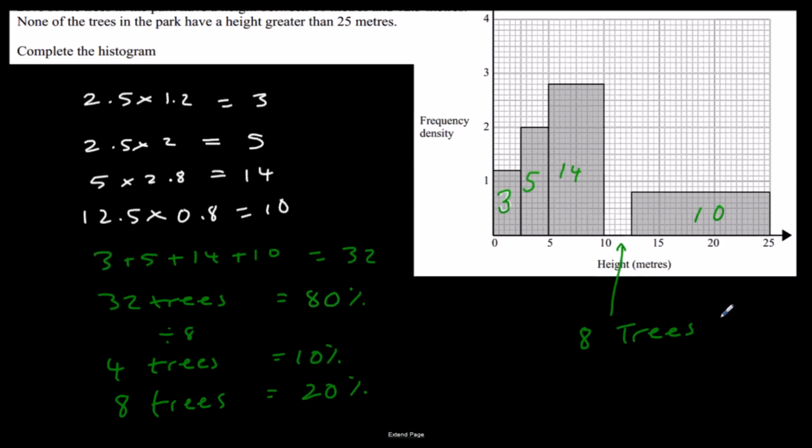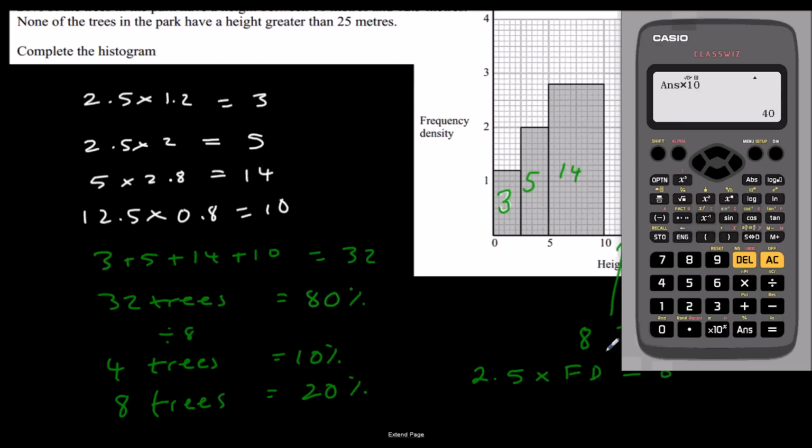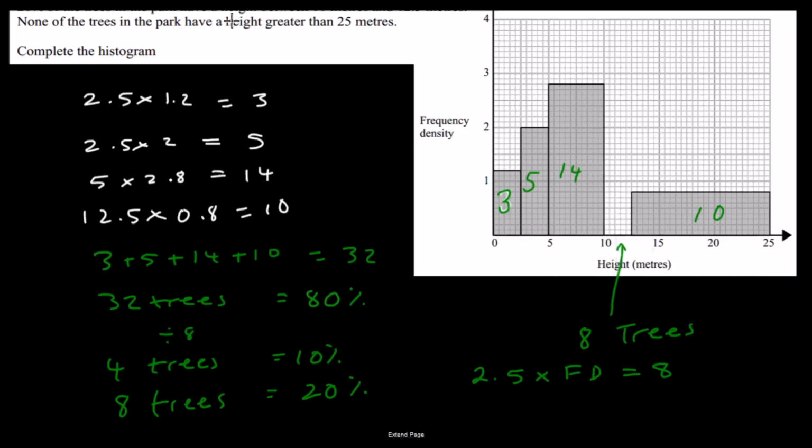So that's the frequency. We know the width is 2.5. So 2.5 times the frequency density must equal 8. The width times the height must equal 8. So to get the frequency density, 8 divided by 2.5, it's 3.2.